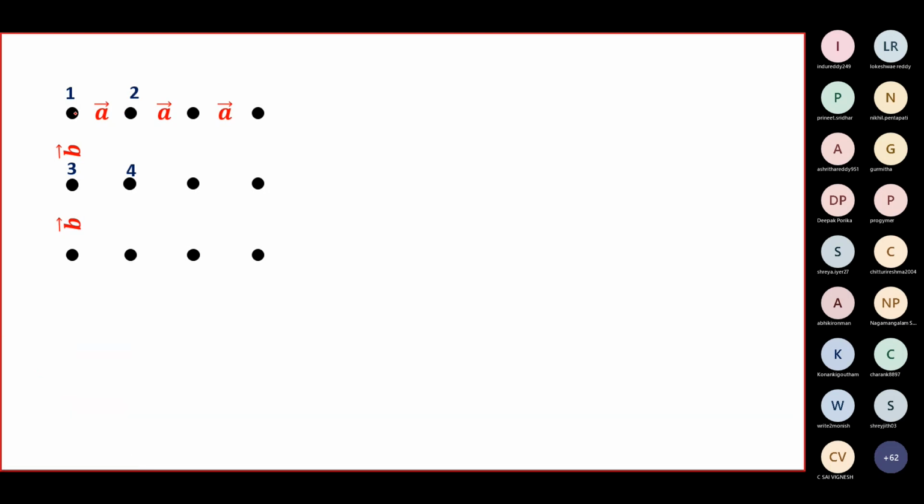Instead of arranging single atoms, I take a small unit in this lattice. This is a small unit. Okay. So I take this small unit: 1, 2, 3, 4. Only these 4 atoms form the smallest unit in this lattice. Now, instead of arranging single individual lattice points, I go on repeating this unit.